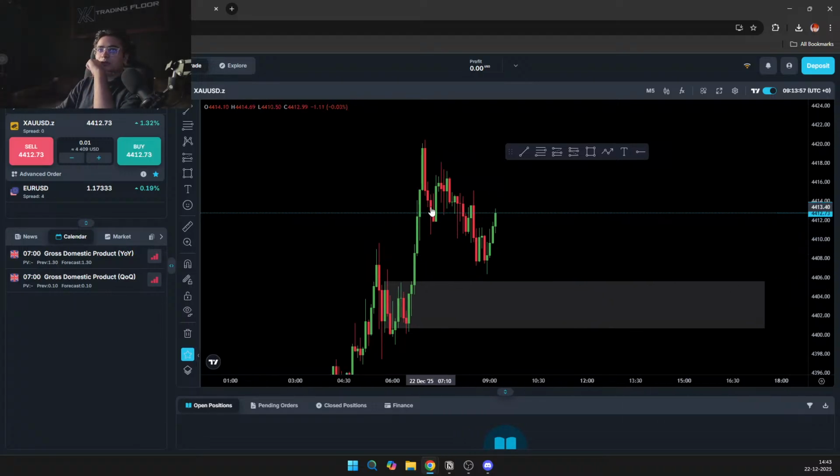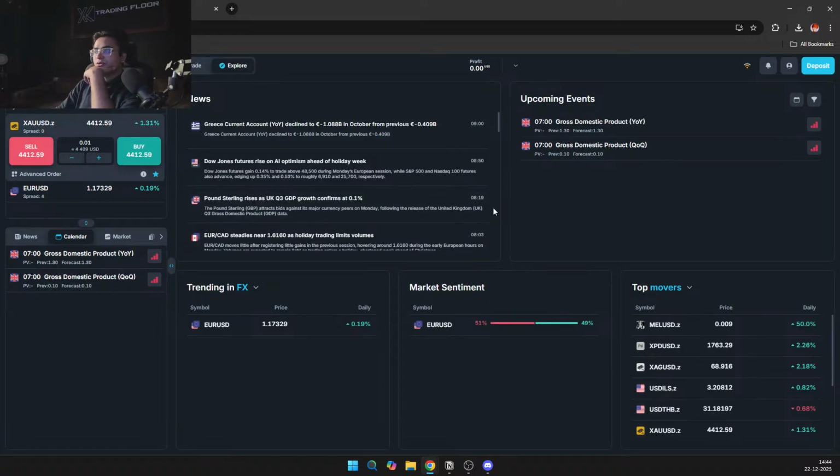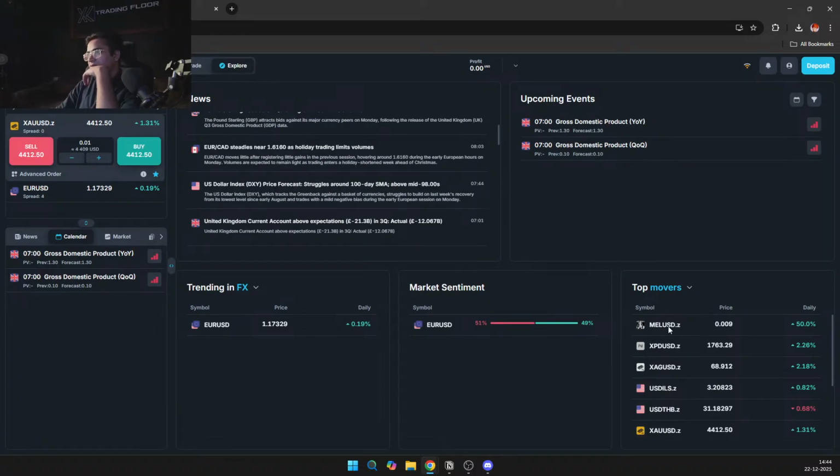I don't see anything we can explore here in terms of market, but what is this? Top moves, daily gain 50%. That is definitely a purchase for my money. Gainers, that is that; losers, that is this. Let's see, what is that?